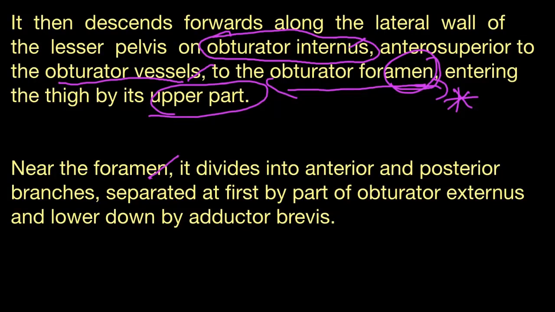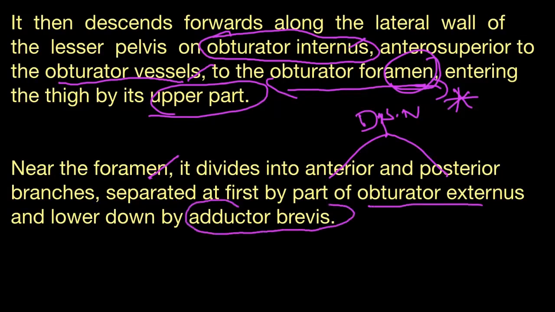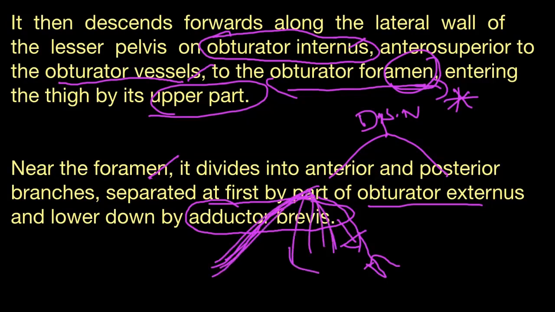Near the foramen, it divides into anterior and posterior branches, separated at first by part of obturator externus and lower down by adductor brevis. If you remember this, adductor brevis: the anterior branch is anterior to adductor brevis, the posterior branch is posterior to it. So in the middle lies adductor brevis muscle.